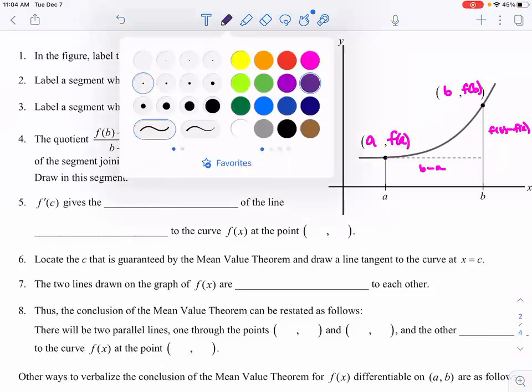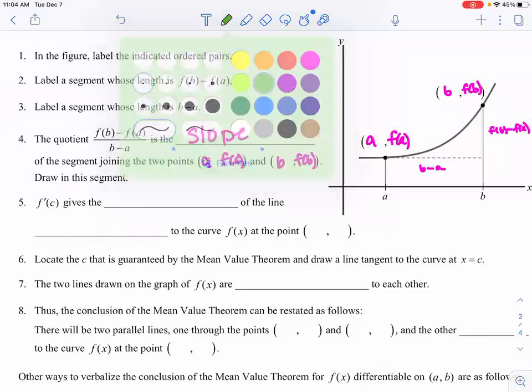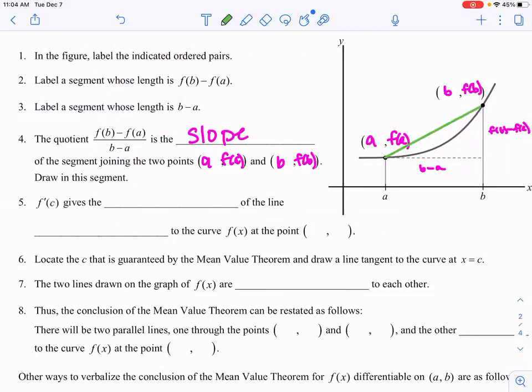I gotta do a brighter color. What's a nice bright color? Orange? Does orange pop out at you? Like that? Is that better?